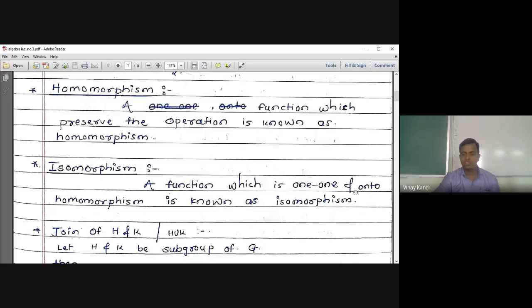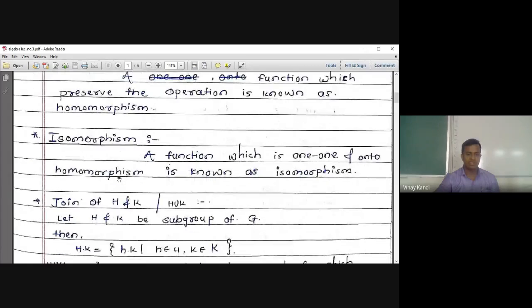Two more conditions are added to the homomorphism. One-one means one-to-one correspondence, and onto means every element in the codomain has a pre-image in the domain. A homomorphism with both is known as an isomorphism. This is the definition of homomorphism and isomorphism.